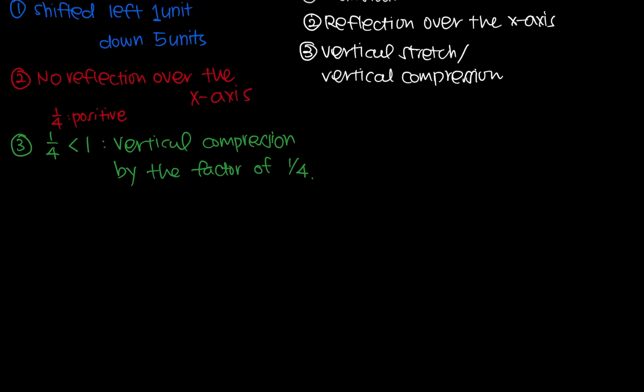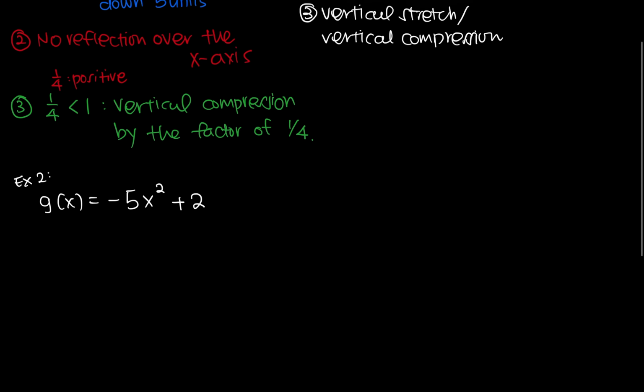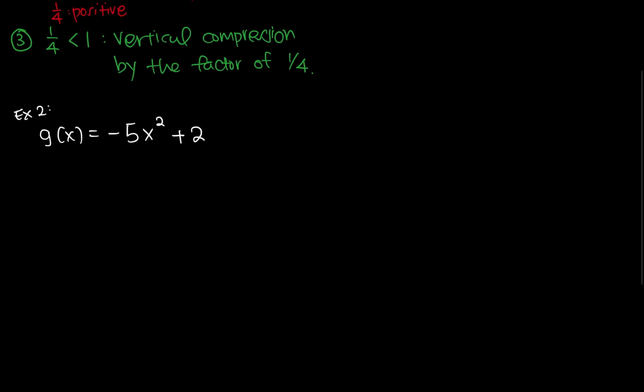What if, example 2, let's do g of x is equal to negative 5x squared plus 2. So it looks like a standard form, but here you don't necessarily have to change it. I could change it into vertex form.